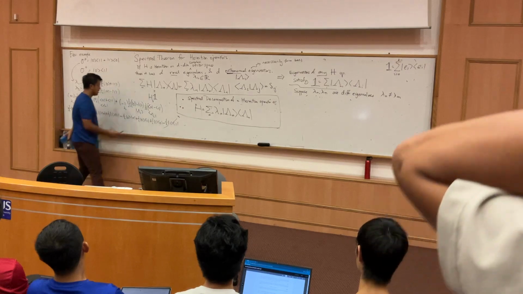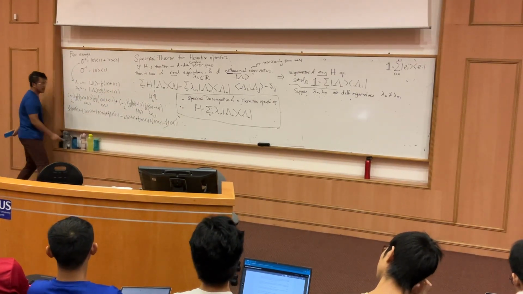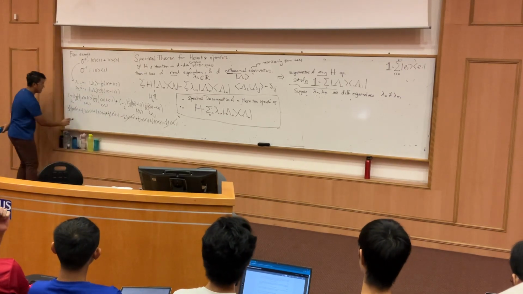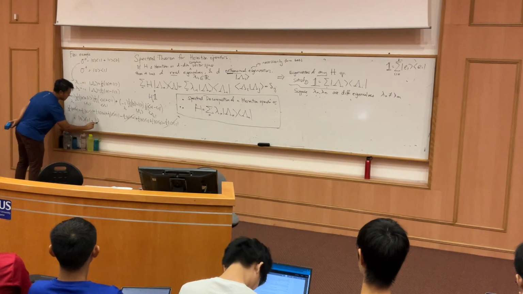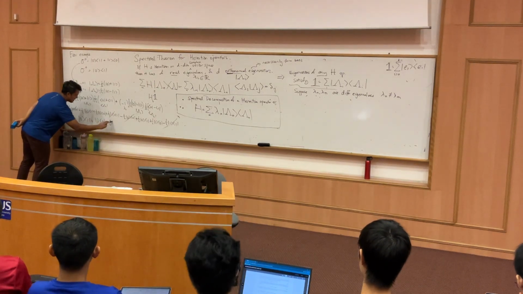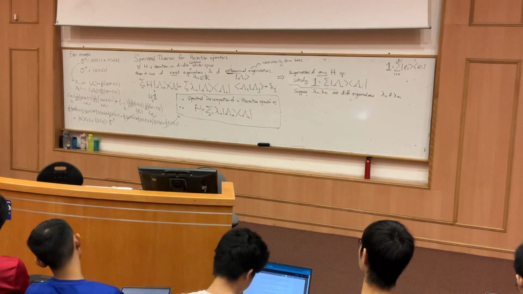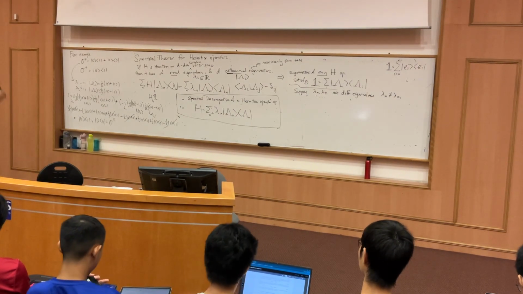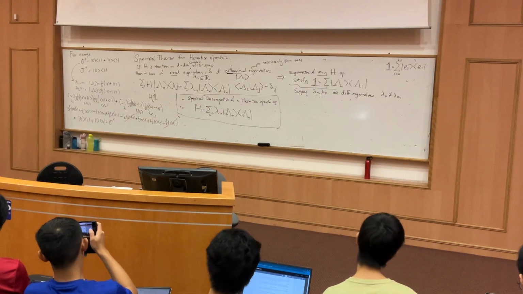And then we cancel terms. The |1><1| terms cancel out, |0><0| terms cancel out. And then we get |0><1| plus |1><0|. And that's equal to sigma x. So we see that yes, we can decompose that original operator in terms of its eigenvalues and eigenvectors.